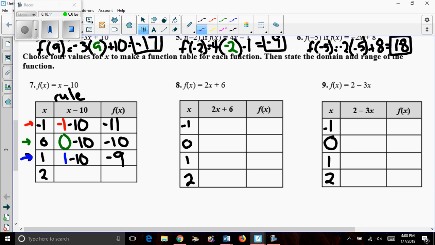And then we have 2 minus 10, which is negative 8. All I'm doing is plugging in a number and moving along. Once I plug in my number, all I have to do is follow the order of operations. It's not meant to be super confusing. As long as we're strong with our order of operations, this should come pretty easy.